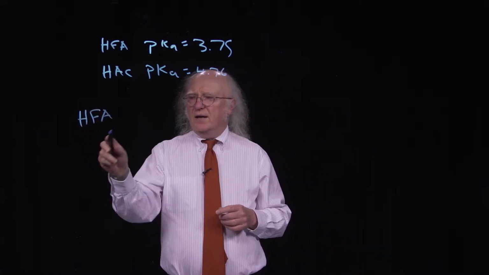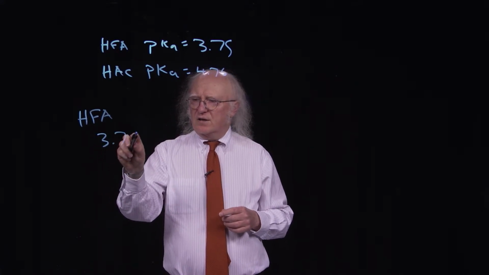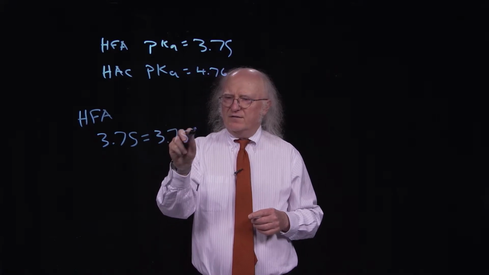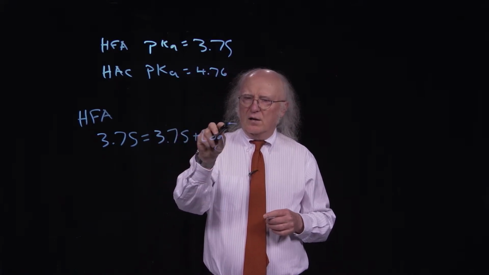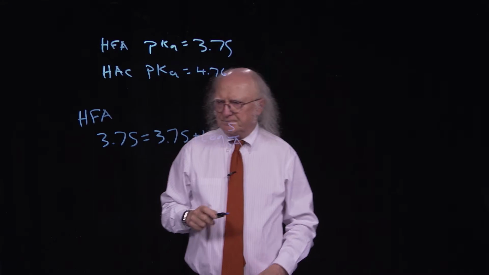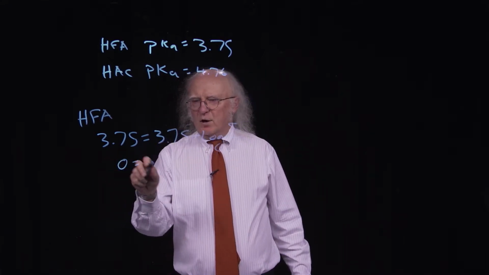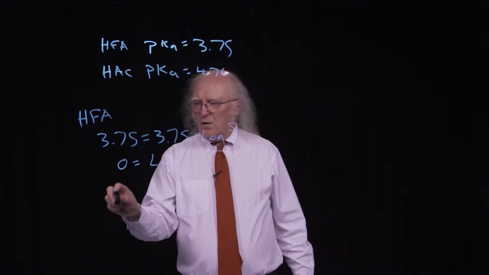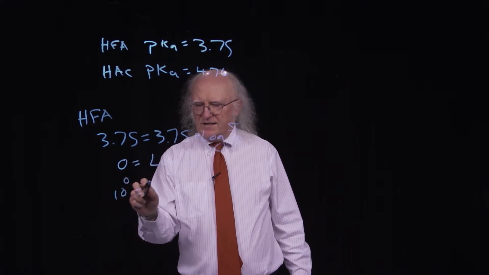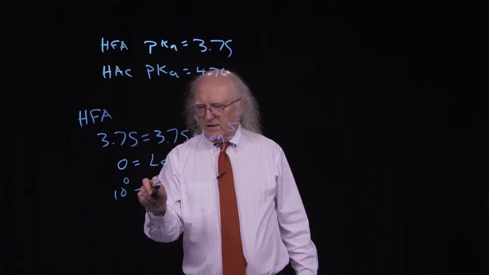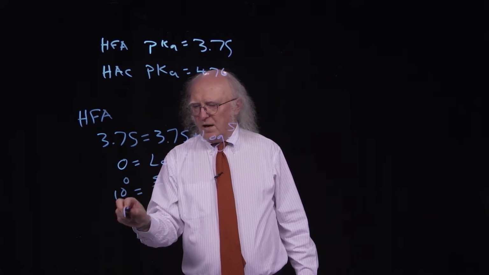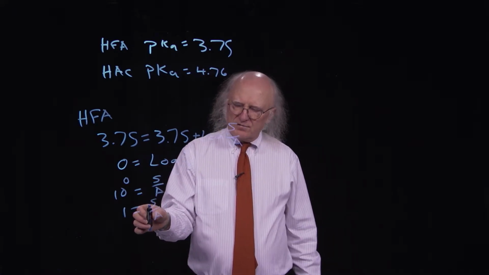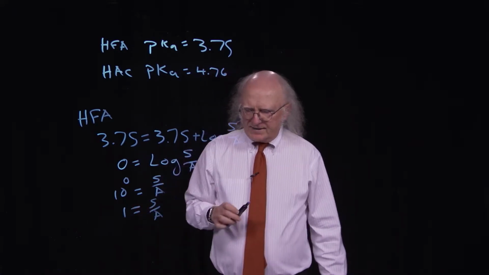When we have HFA, we say that the pH 3.75 is equal to the pKa 3.75 plus the log of the salt over the acid. When I do that, I get 0 is equal to the log of the salt over the acid, or 10 to the 0 is equal to the salt over the acid, which means that 1 is equal to salt over acid. It means I have equal concentrations of salt and acid.